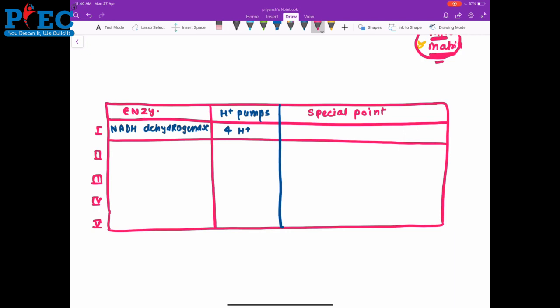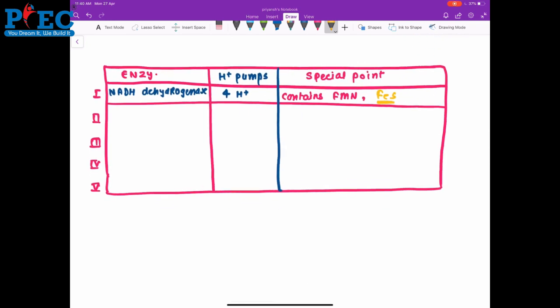The special point is it contains FMN and FeS. The full form of FMN I am writing here: FMN stands for flavin mononucleotide. FeS is iron sulfide.